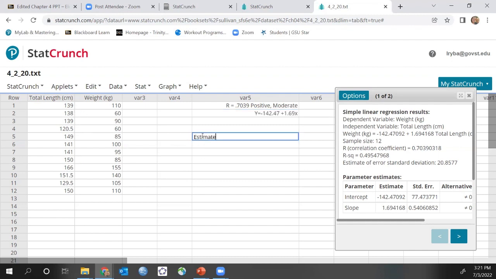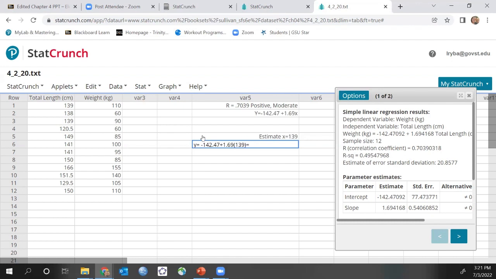So let's estimate x equals 139. We're going to plug it in. y equals negative 142.47 plus 1.69 times 139.